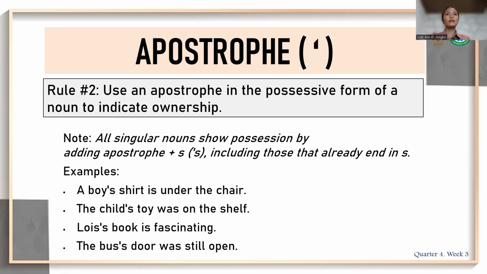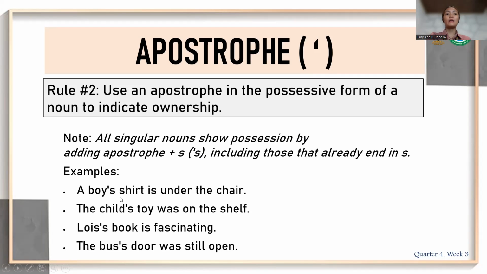Okay. Next rule is use an apostrophe in the possessive form of a noun to indicate ownership. For the first note, all singular nouns show possession by adding apostrophe s, including those that already end in s.